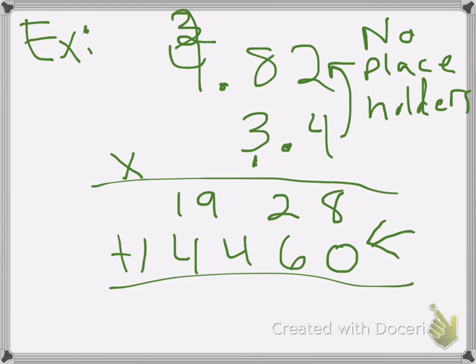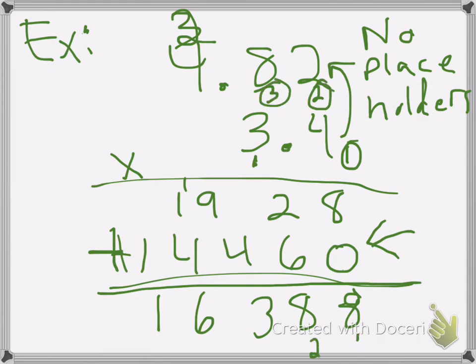Then we do 3 times 2, we got 6. 3 times 8, 3 times 4, and we end up with 14,460. Now we know that multiplication is just repeated addition, so we need to add those together. And we end up with 16,388.